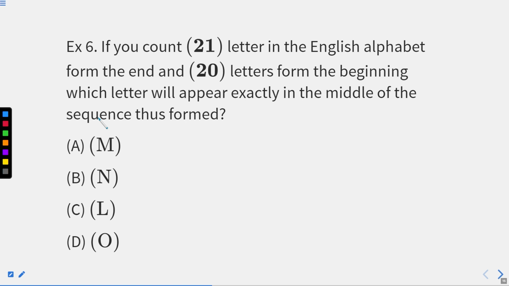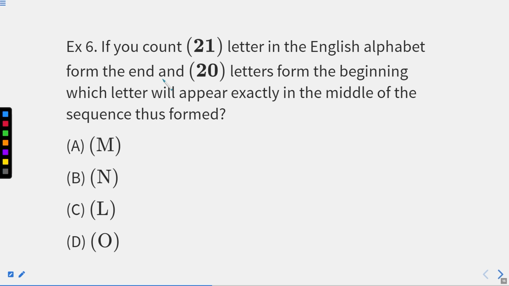Here in question number 6, count 21 letters in the English alphabet from the end. You all know that the English alphabet starts from A and ends at Z. So if we start from the end, from Z, and move 21 steps, we will reach a particular letter.